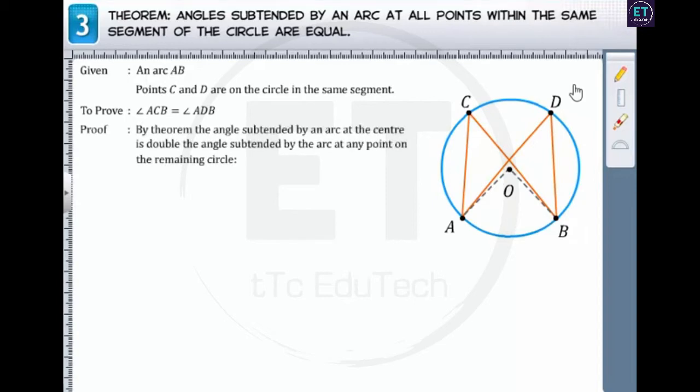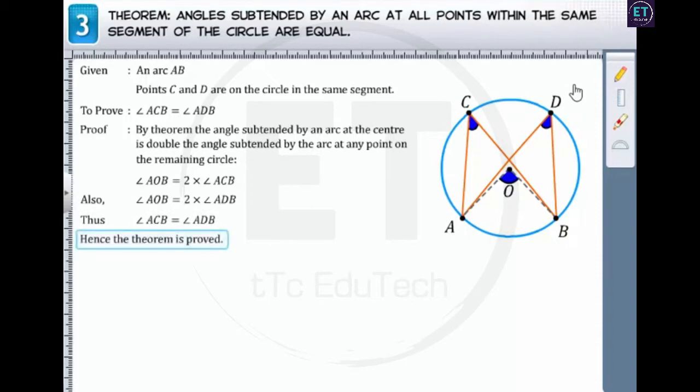By the theorem, the angle subtended by an arc at the center is double the angle subtended by the arc at any point on the remaining circle. We can say that angle AOB is double either of the angles ACB or ADB. Thus, angles ACB and ADB are equal and the theorem is proved.